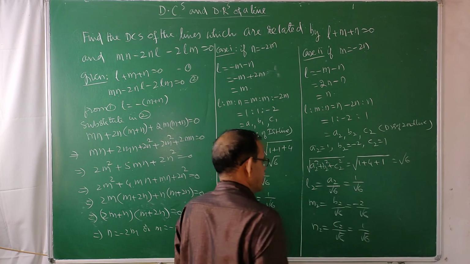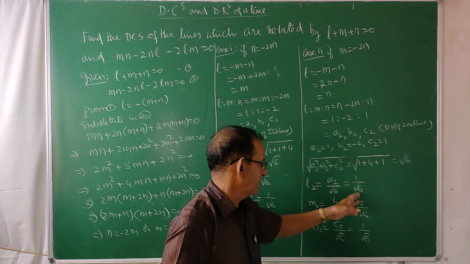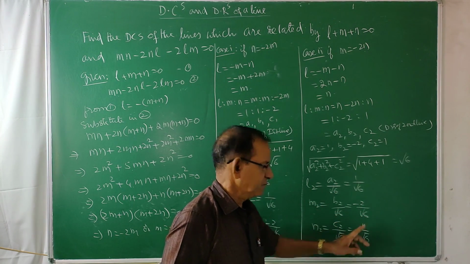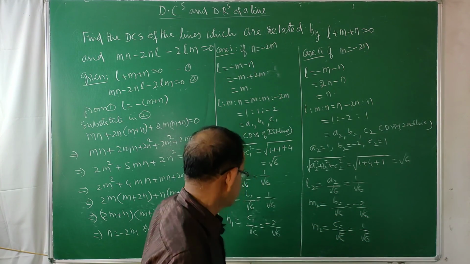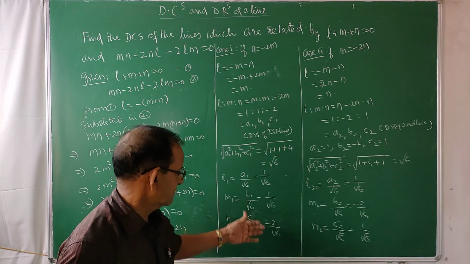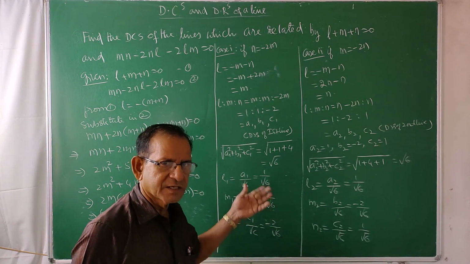So the DCs of the second line are 1 by root 6, minus 2 by root 6, and 1 by root 6. Whereas 1 by root 6, 1 by root 6, minus 2 by root 6 are the DCs of the first line.